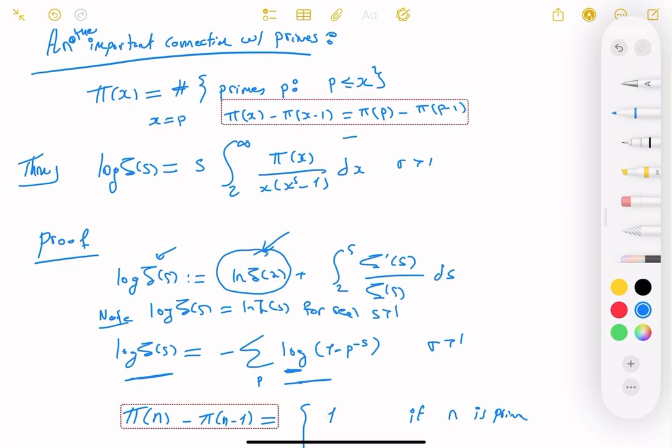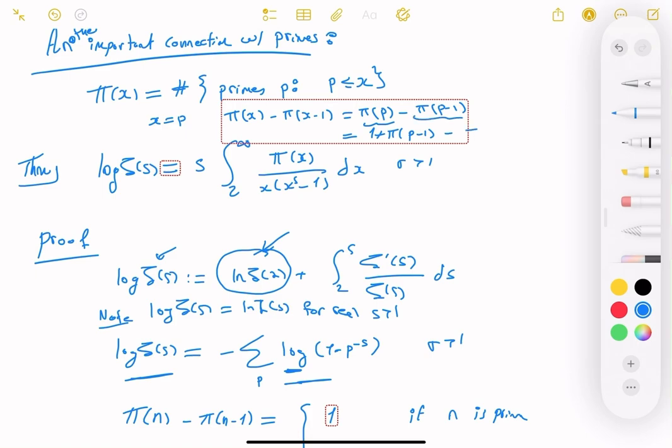But pi of p, which is the number of primes up to p, is 1 plus the number of primes up to p minus 1, minus this thing, pi of p minus 1. So this is 1 when x is p. And when x is not a prime, it's immediate that pi of x is equal to pi of x minus 1.